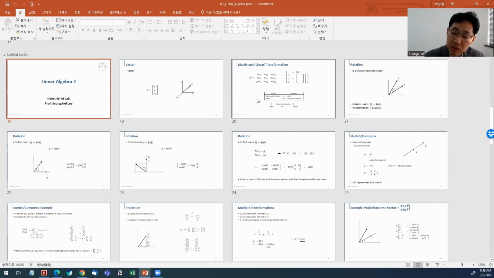So from a matrix, it's important to come up with the corresponding linear transformation, and vice versa. Starting from the linear transformation will be the associated matrix. There are those two. I hope that you are able to look at different perspectives whenever you look at either a matrix or a linear transformation.